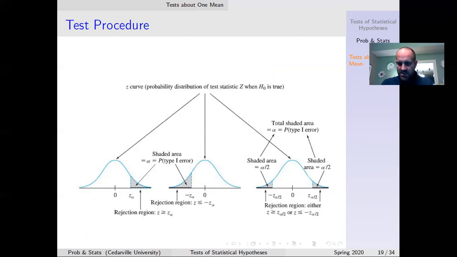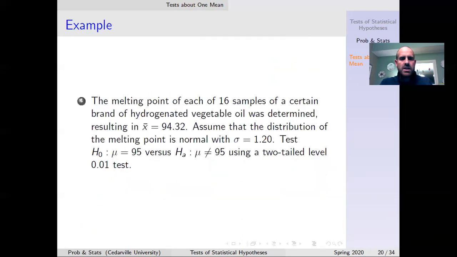Okay, so let's look at an example here. The melting point of each of 16 samples. So let me write down what we know so far. N is equal to 16, of a certain brand of hydrogenated vegetable oil was determined, resulting in a sample mean of 94.32.